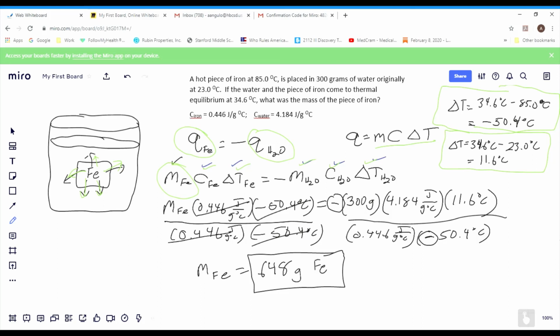Once we calculated these and plugged in the specific heat capacities and the mass of the water, we can solve for the mass of iron. And everything else canceled on this side, and even our units: joules per gram degree Celsius cancels with joules per gram degree Celsius here, the degree Celsius here cancels with the degree Celsius there, and what we were left with was just grams, which is the unit you need in order to solve for mass.